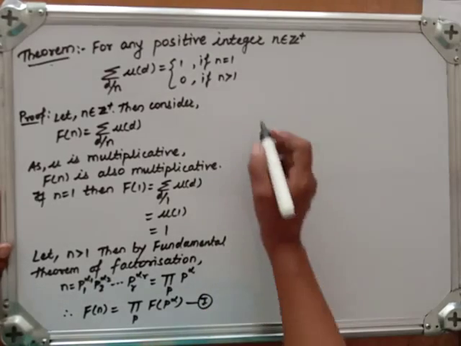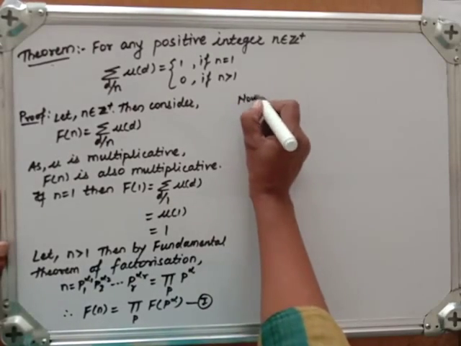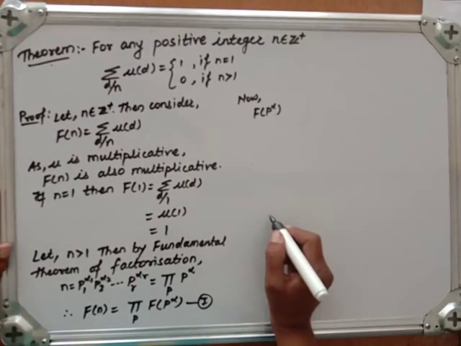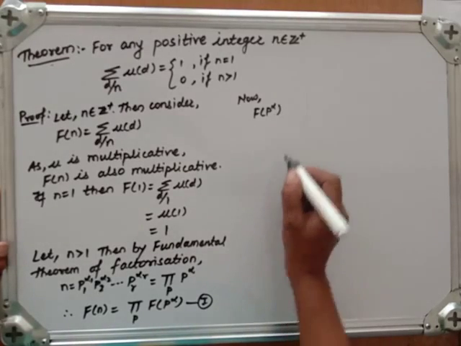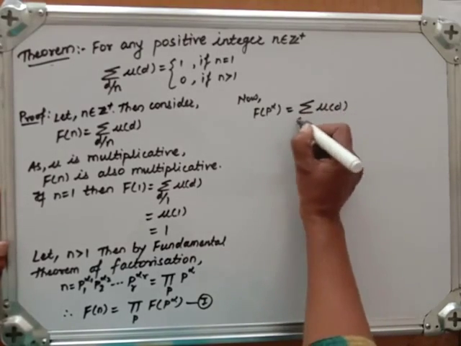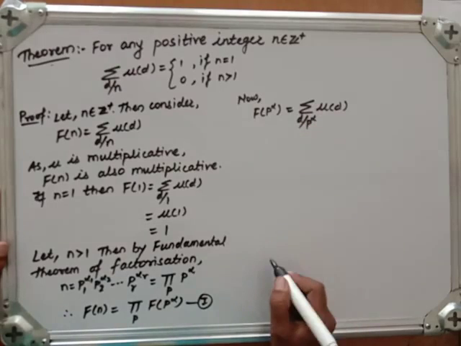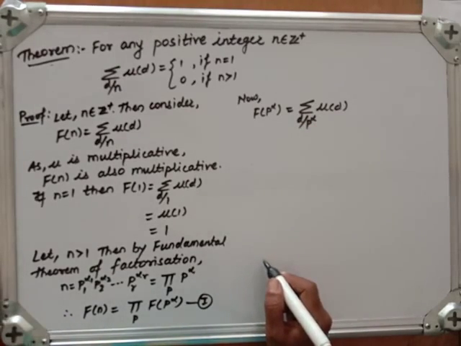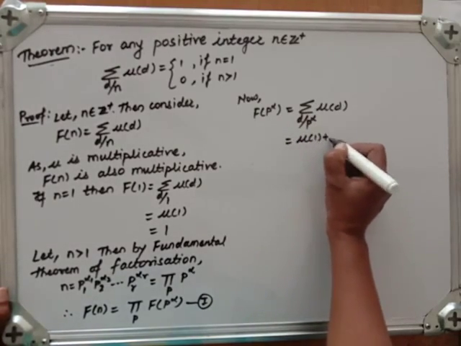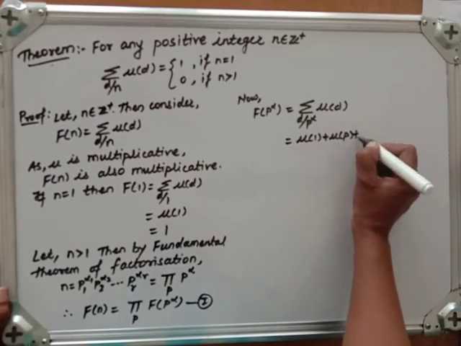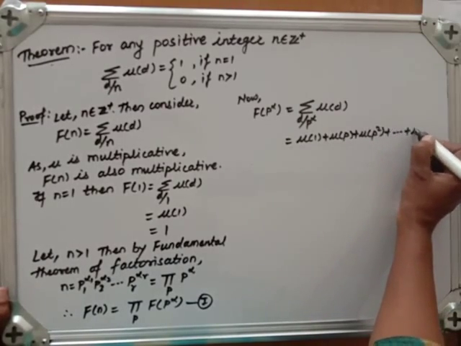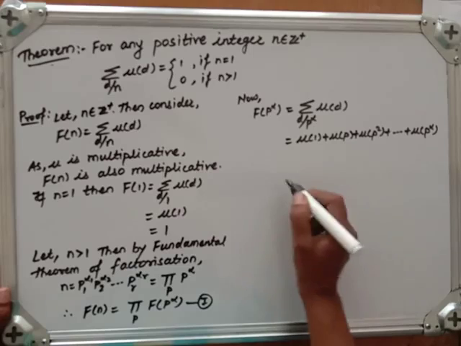Now what is F of p raised to alpha? Let's find it. F of p raised to alpha is nothing but the summation of mu of d where d divides p raised to alpha. That is the same as mu of 1 plus mu of p plus mu of p square plus so on up to mu of p raised to alpha.